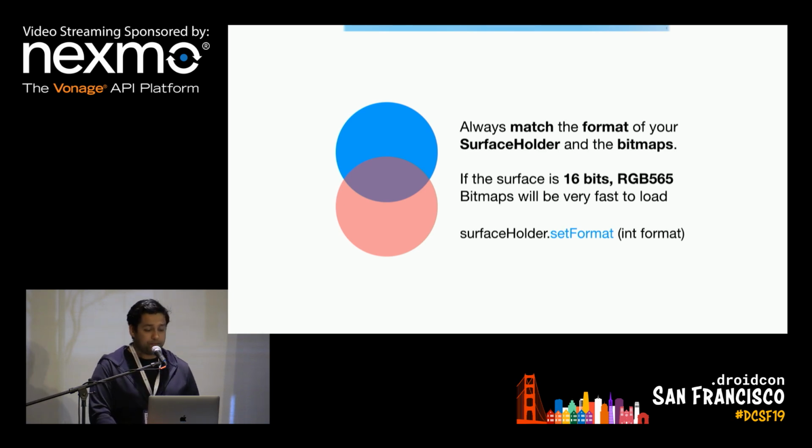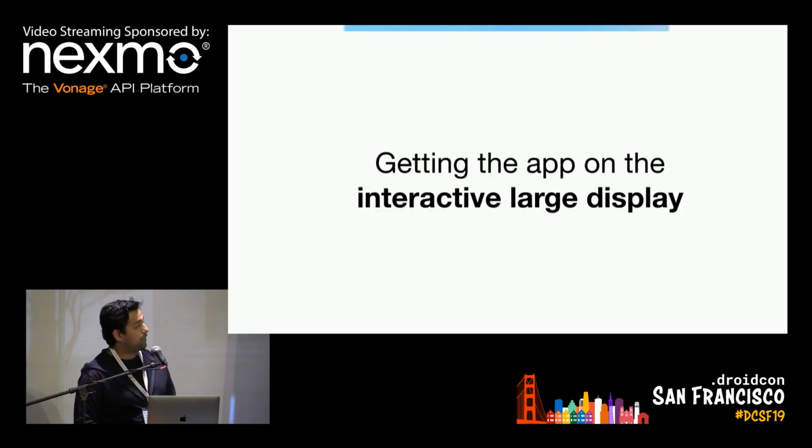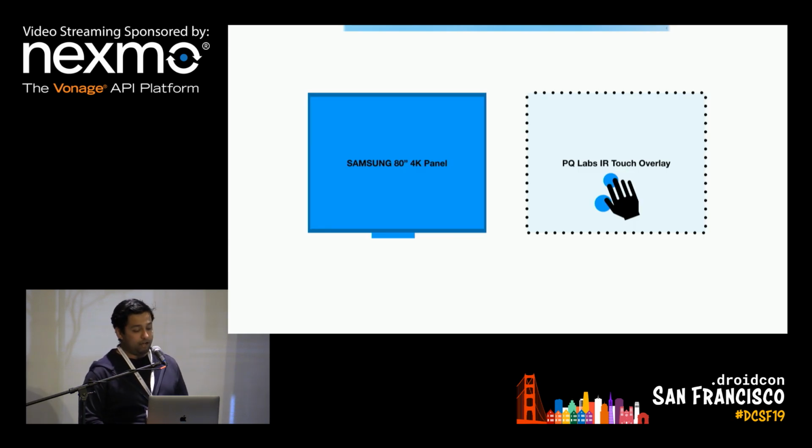Now let's come to the second part of the tool, which is how we got it up on the large display. In our lab, we had access to an 80-inch Samsung 4K panel, and also a more commonly available IR touch overlay, developed by the guys over at PQ Labs.